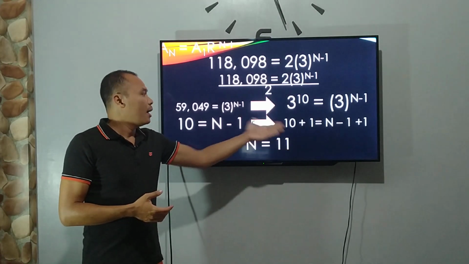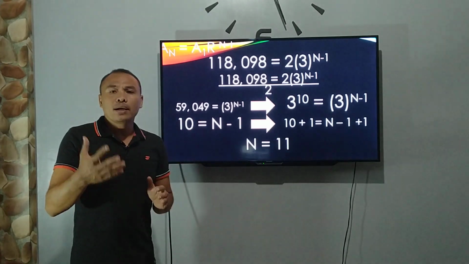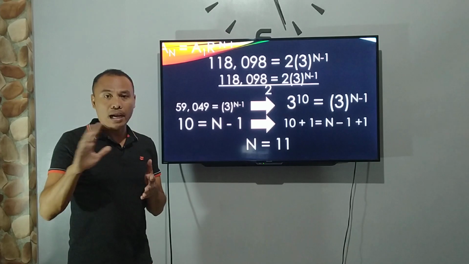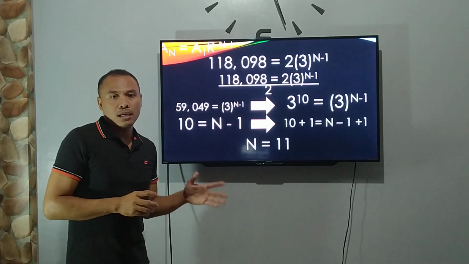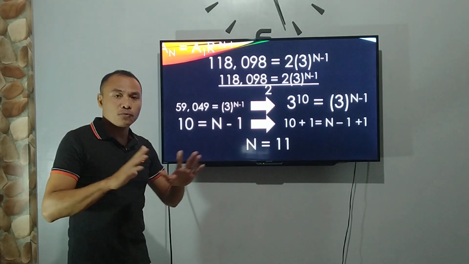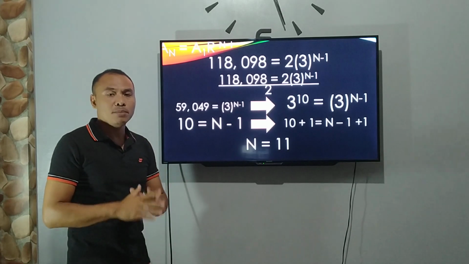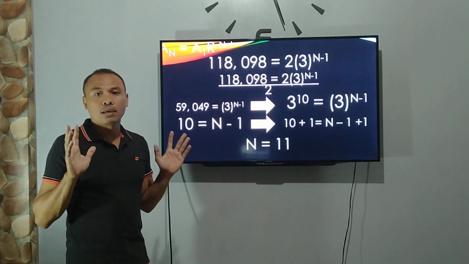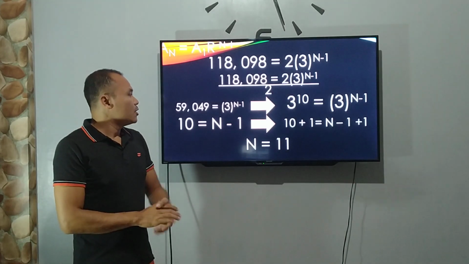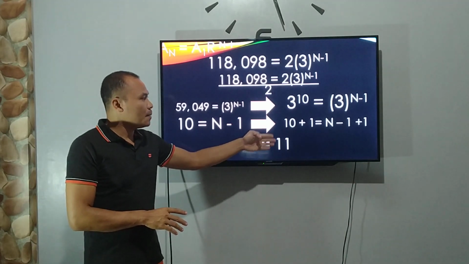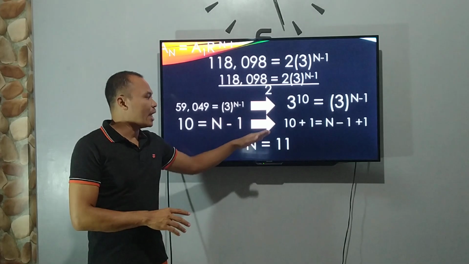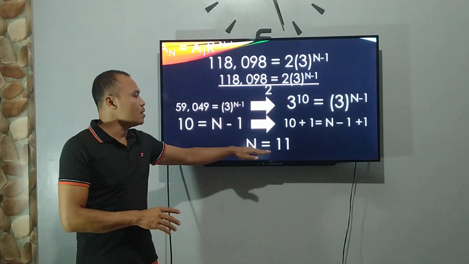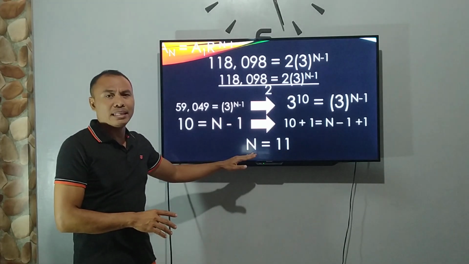Remember, when you add on the right, you must also add on the other side. Okay? It's fair. Remember, in mathematics, we are teaching everyone to be fair. So what happens when it becomes 0? 10 plus 1 is equal to 11. So our n is 11.